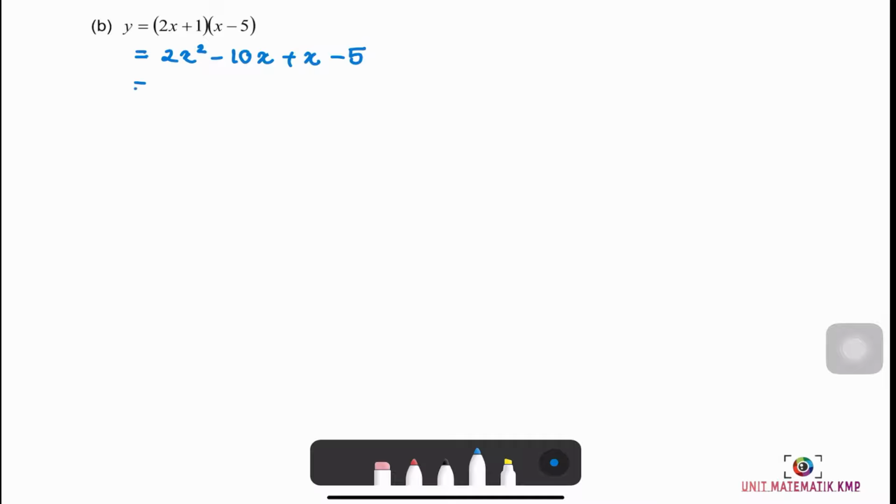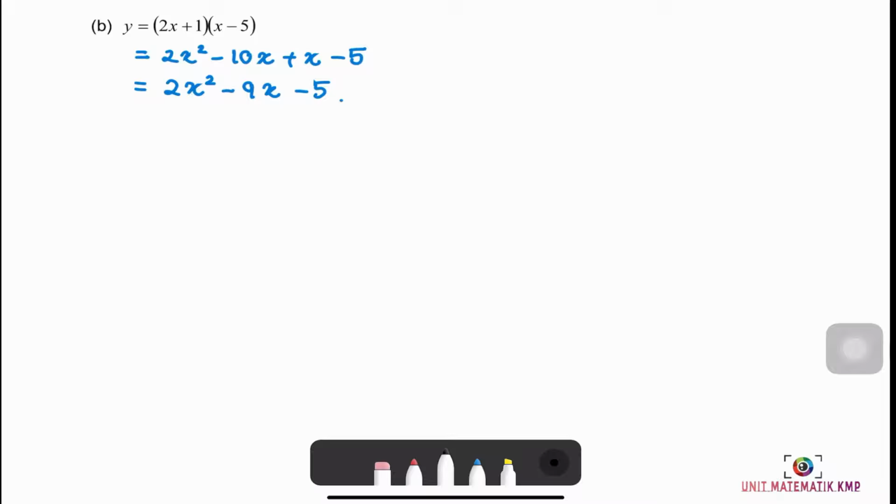Okay, we simplify. We will have 2x squared minus 9x minus 5.